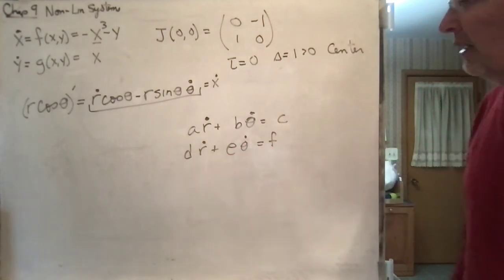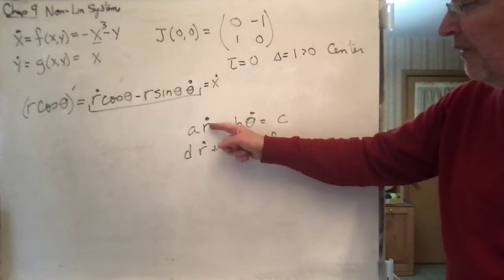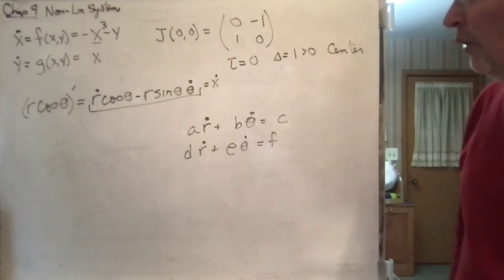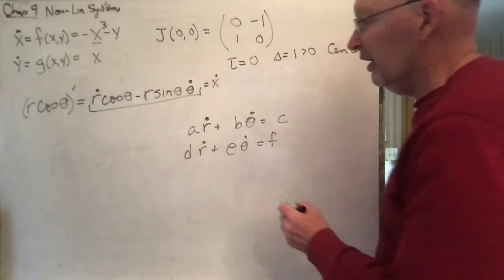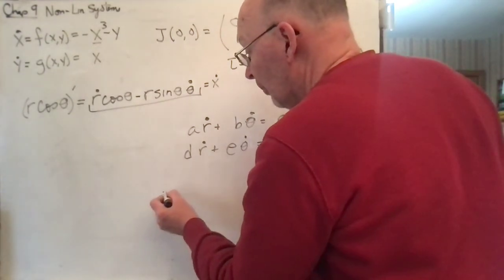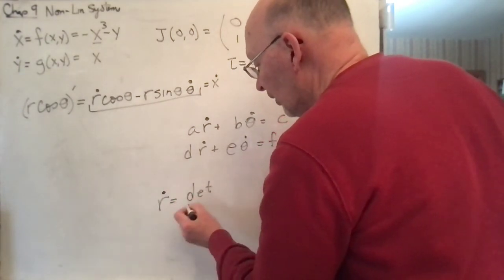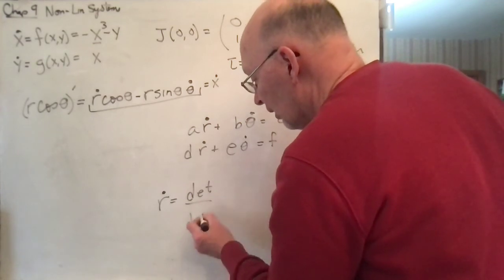Cramer's rule tells you how you can find the values of these things. Here's what Cramer's rule says. If you want to find the value of r prime, you take one determinant over another determinant.